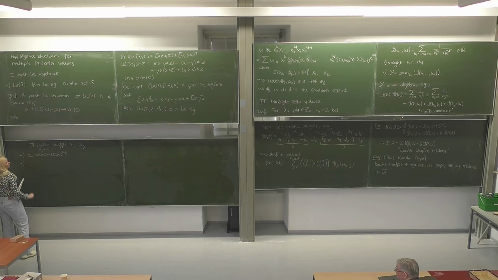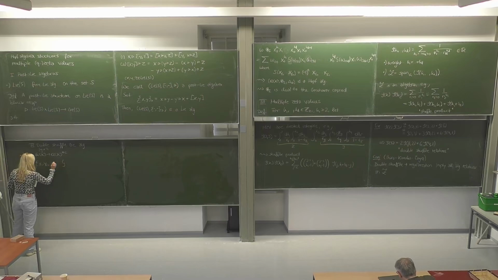But to describe the stuffle product, I also need another alphabet, which is often denoted by y and consists of the letters y1, y2, y3, and so on.